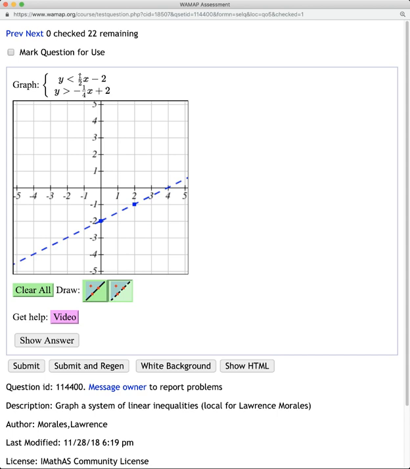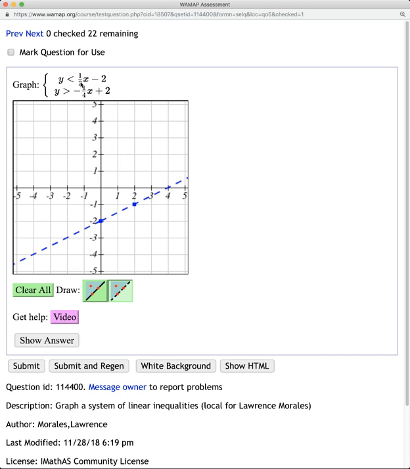And now I have to determine if I want to shade above the dotted line or below. And remember, you have to choose a point in the coordinate system and test it. The easiest one to test in most cases is the origin 0, 0. So we plug x equals 0 and y equals 0 into this equation up here.